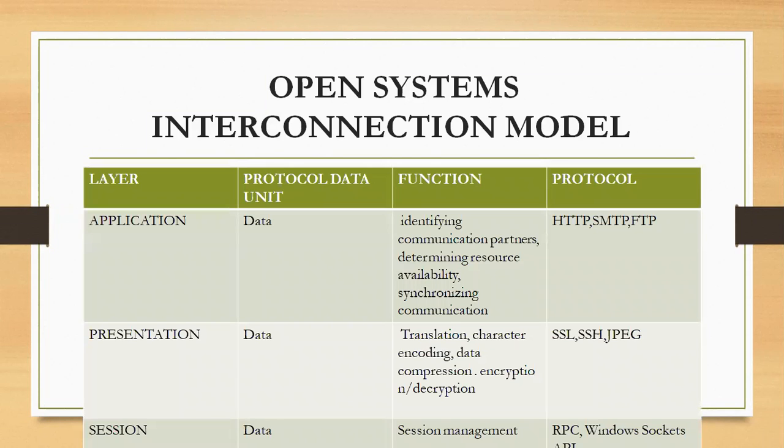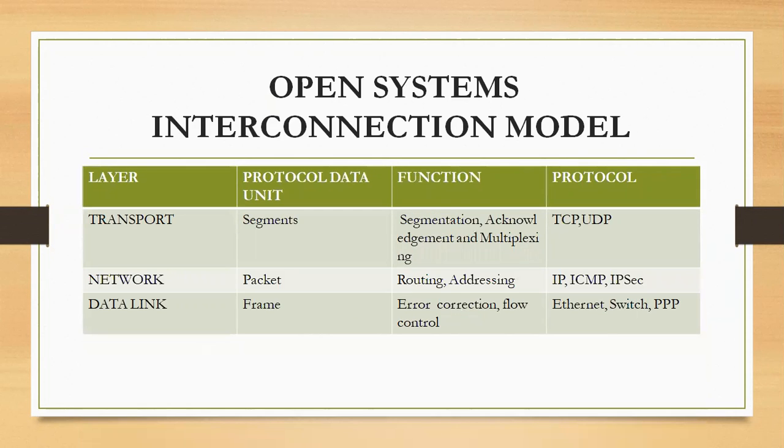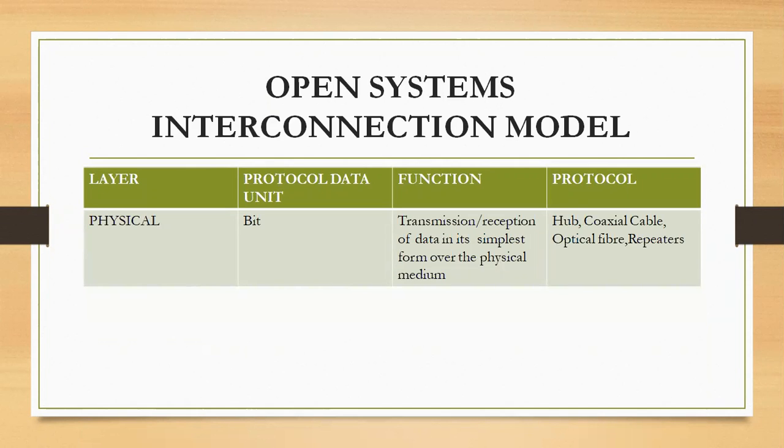They came up with an abstract seven phases that every network device more or less has to fit into, regardless of who is making it. So we have the seven layers: application layer, presentation layer, session layer, transport layer, network layer, data link layer, physical layer. Those are the seven layers.